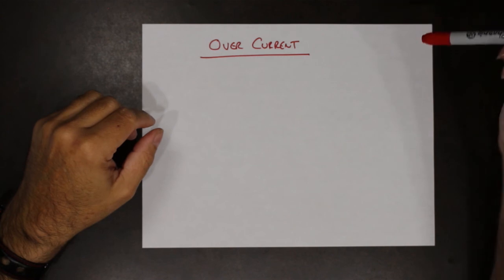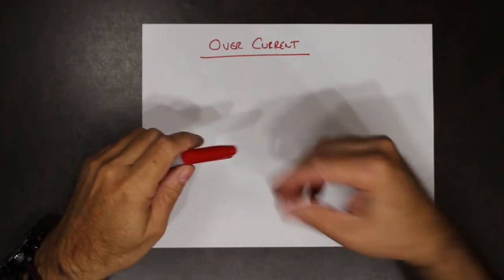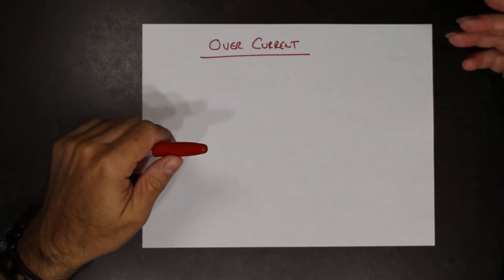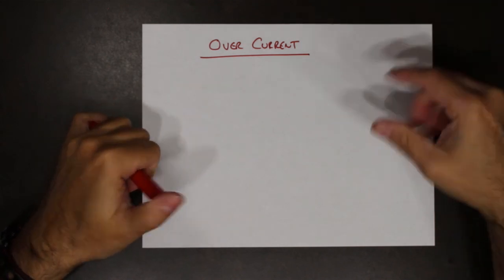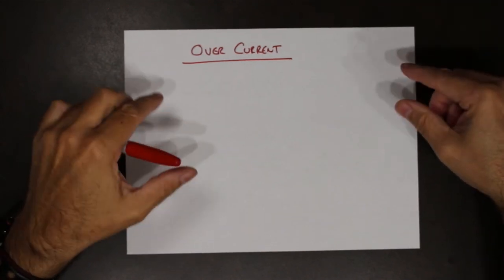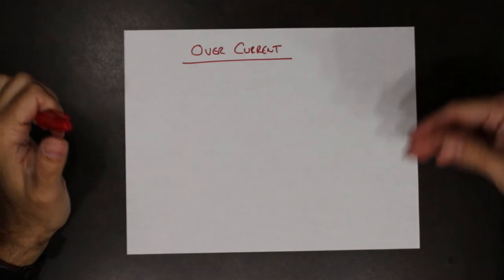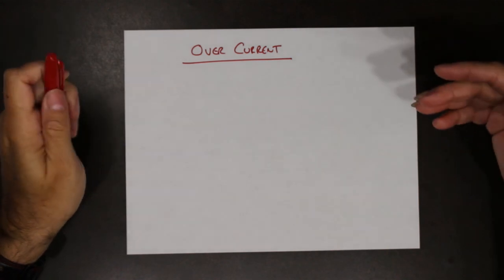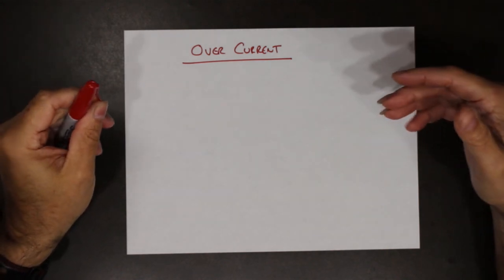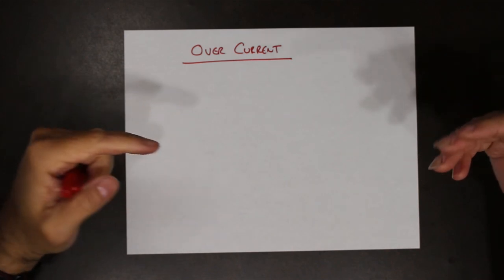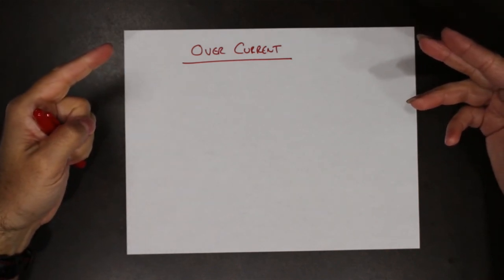So next what comes up is, what happens if we exceed the rated current? When you look at the ampacity of a conductor, so I have American wire gauge 14, it's designed to handle 20 amps of current, but what happens if we exceed the 20 amps?